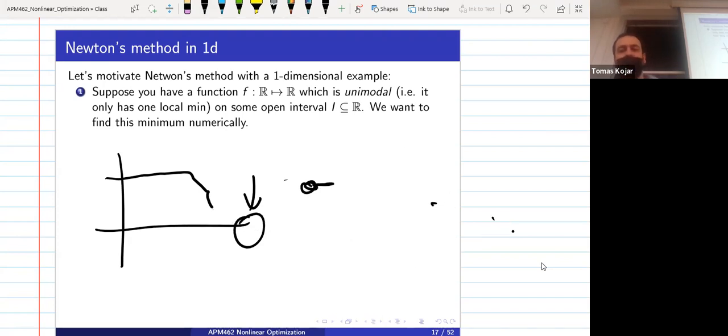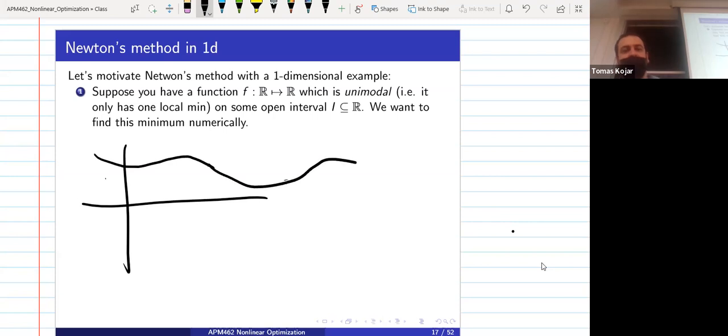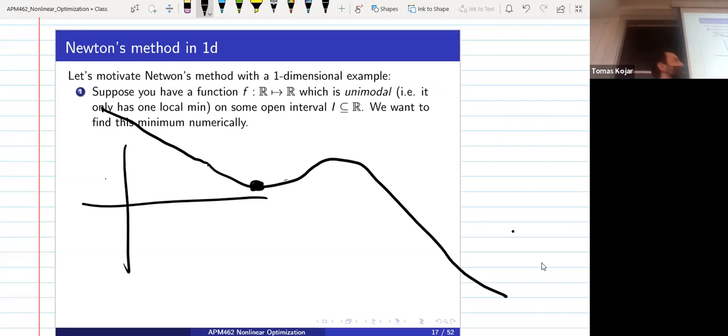Well, I think you're right. I like this. Yeah, because then it's not convex. Yeah, okay, I like this. Yeah, it's nice. So only one.